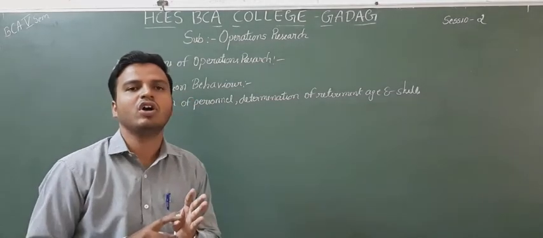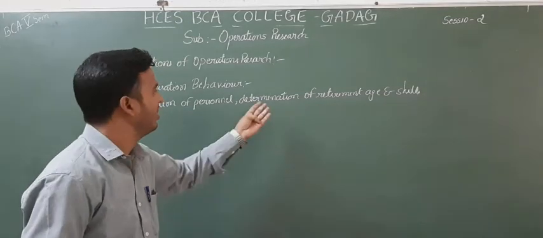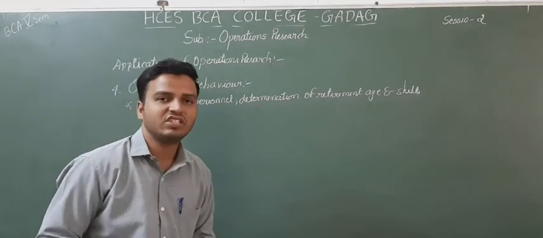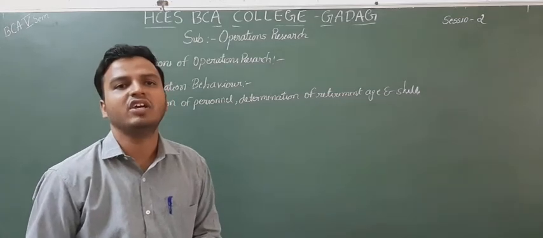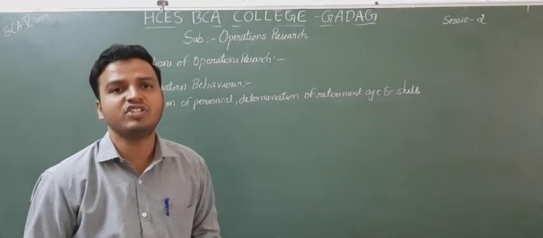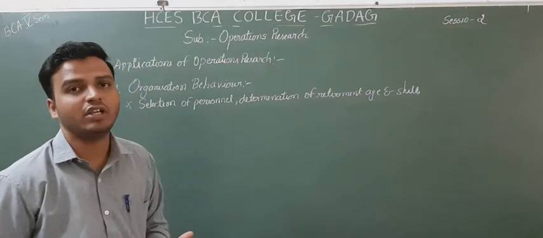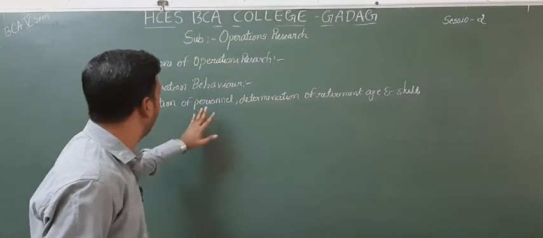First we have to recruit or select the employees. Then we have to fix the retirement age, and we also define whatever skills he possesses, whatever skill is required for that job. So these things are studied.